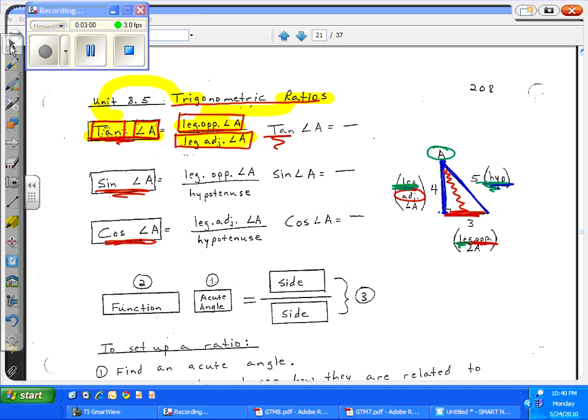So we have function of angle equals side over side. Tangent is leg opposite, 3, over leg adjacent, 4. So the tangent of angle A is 3/4. Okay?